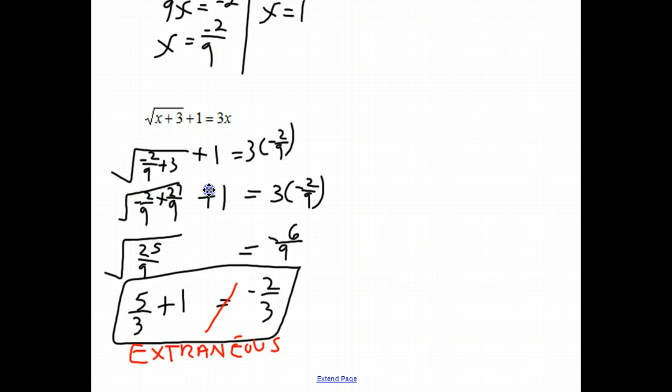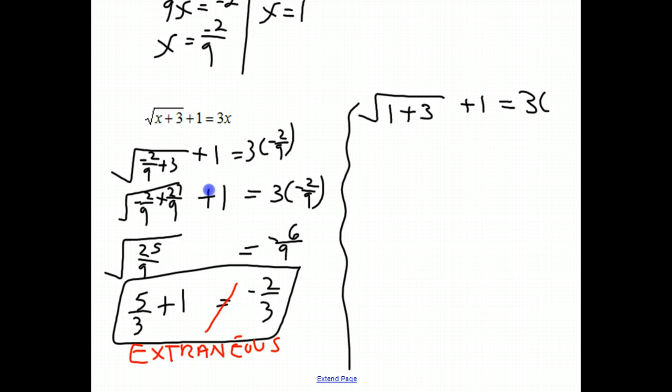So now let's see if our x equals 1 works. So let's try that on the other side. Let's substitute. So we have the square root of x plus 3. If x is 1, we put a 1 there. Plus 1 is equal to, the right side is 3 times 1. That becomes a square root of 4 plus 1 equals 3.